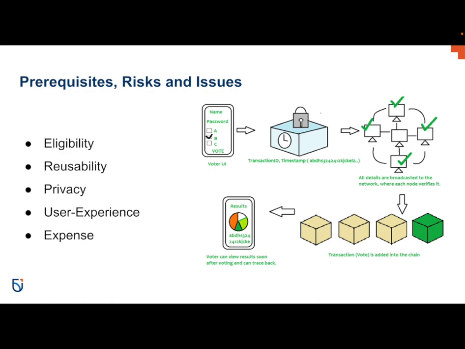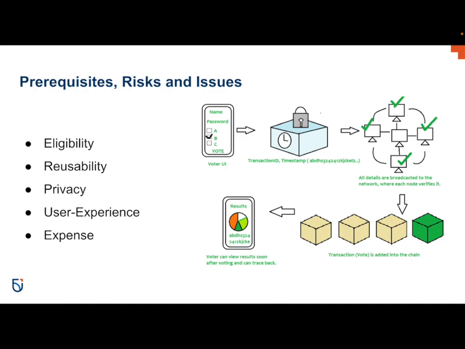And then there are some prerequisites and risks and issues. So whenever we are talking about any kind of voting system, for example, it can be digital voting machines, it can be traditional ballot papers, it can be internet voting too, or the blockchain voting system too. It has several prerequisites, and they must be met for every type of voting system I talked about.